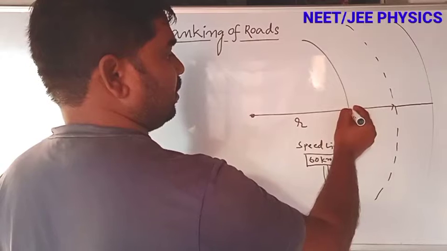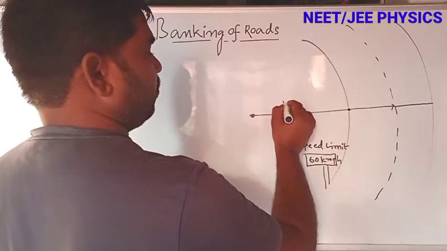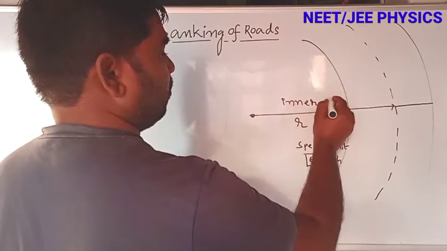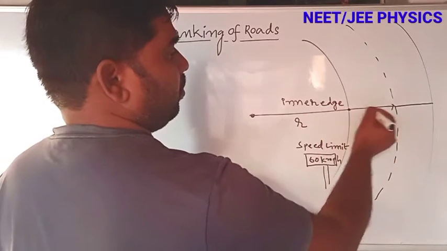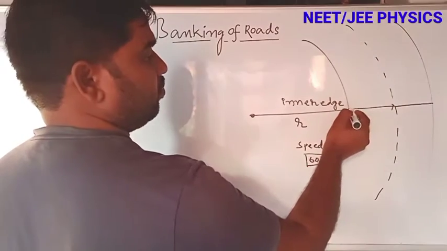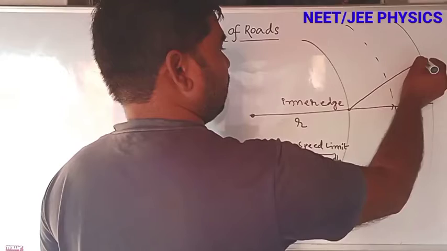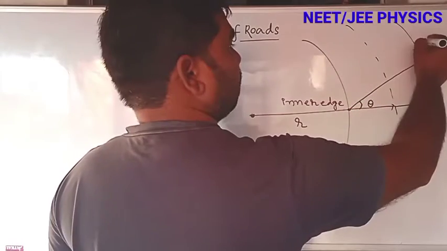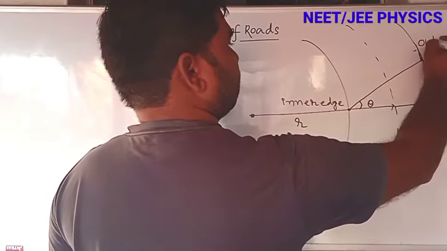This is the radius, and this is the inner edge of the circular turn. This flat surface I am inclining by theta angle and raising the outer edge by theta. This is the outer edge.